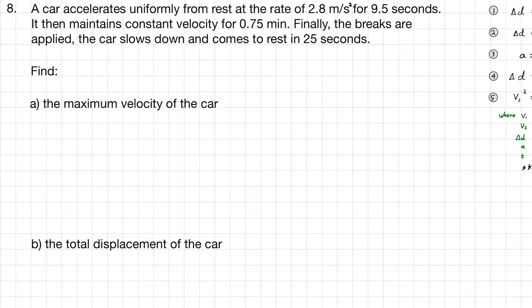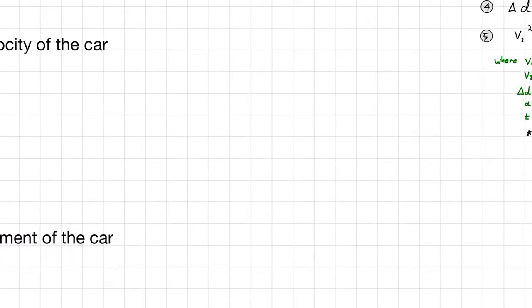And to do that, although the question doesn't explicitly ask, we're going to draw a rough velocity time graph. Here we have time in seconds on the x-axis, and velocity, in meters per second, on the y-axis.